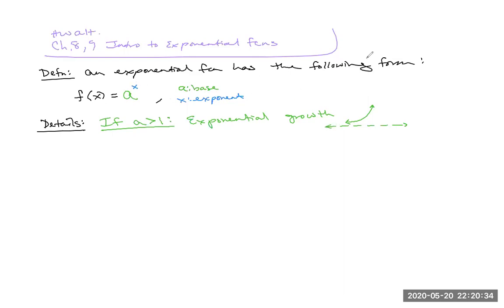For an unshifted exponential graph, this line here would be y equals 0. In this case, your domain will be negative infinity to infinity.